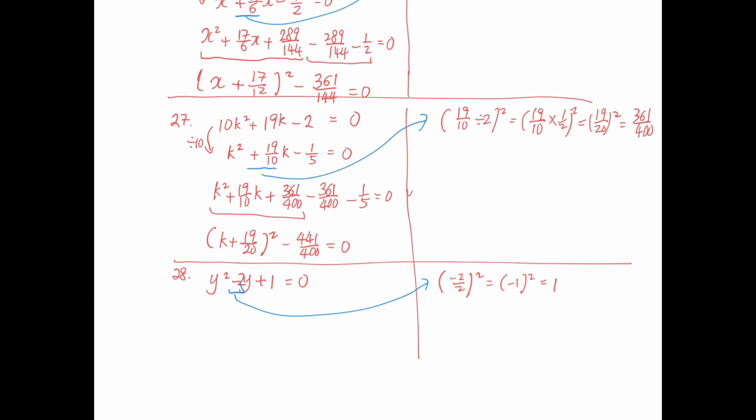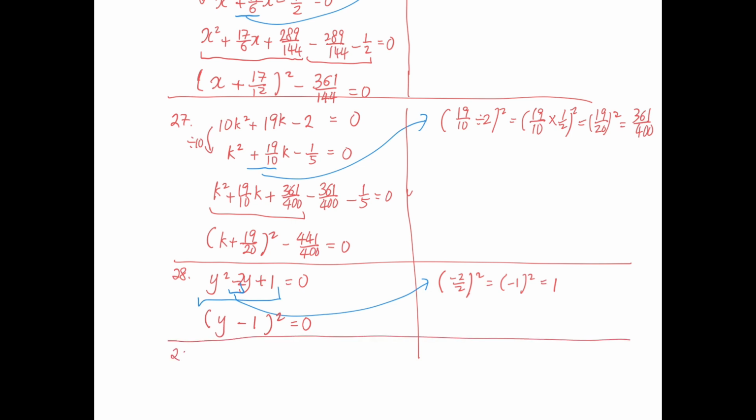So we are not going to plus 1 and minus 1 in between, because if you have 1, that means it is already a perfect square. So these 3 terms are already a perfect square. So we can just factorize it the way we discussed just now, where you take minus 2, you divide by 2, you get minus 1. So we put here minus 1. Okay, so this is 28.